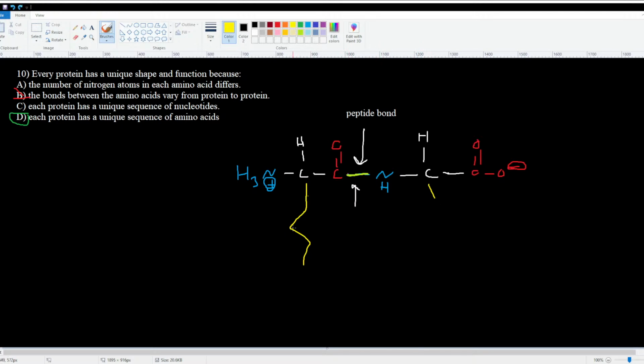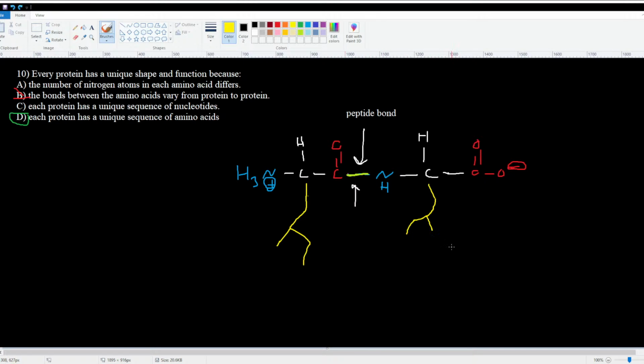And let's make this one phenylalanine. Both of these are nonpolar, and both of these are very different from each other. This one has a ring structure. This one does not have a ring structure. Very different from each other, right?